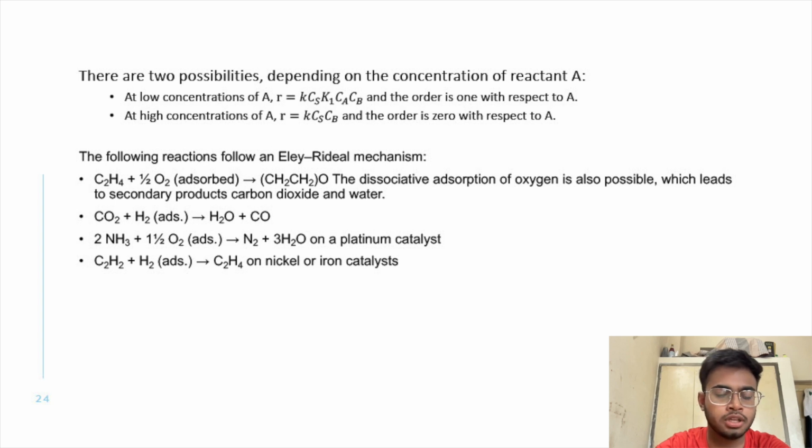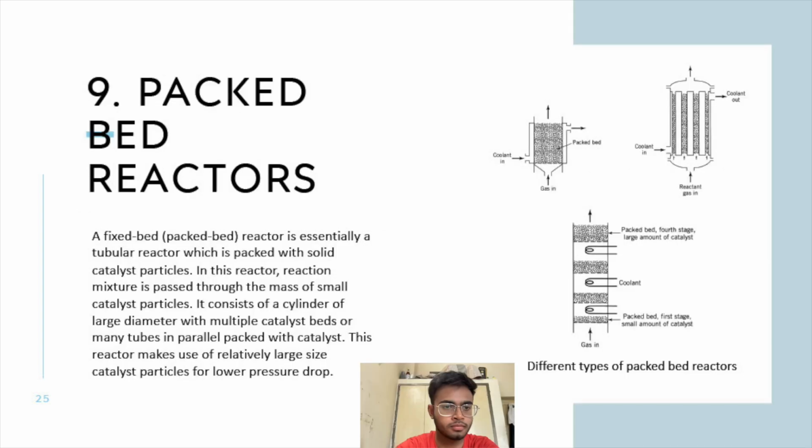The second example, carbon dioxide and hydrogen react to give water and carbon monoxide. Then we have the third example, the reaction of ammonia and oxygen to yield nitrogen gas and water on a platinum catalyst. The final example is the reaction of C2H2 and hydrogen to give C2H4 on a nickel or iron catalyst.